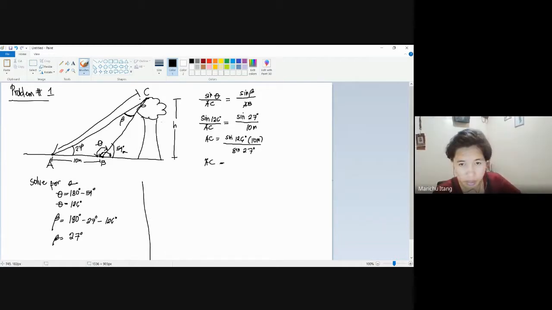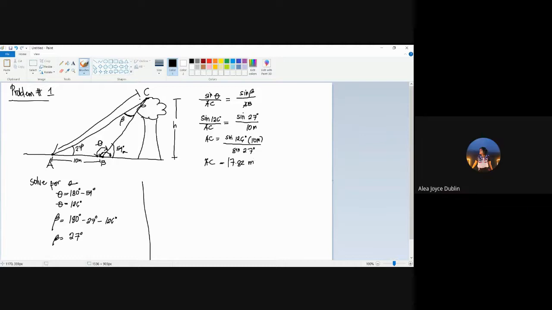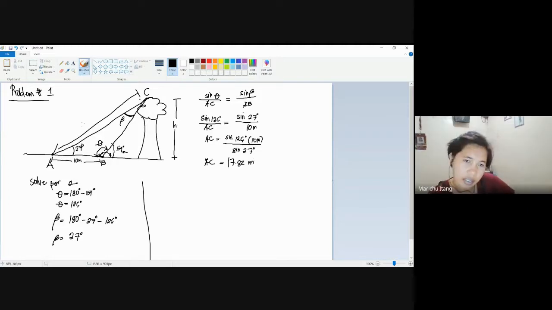We have the same answer. So 17.82 meters, that is AC. So we can solve for h now, right? So the distance here is 17.82. We'll check later with sine if we came up with the same answer.